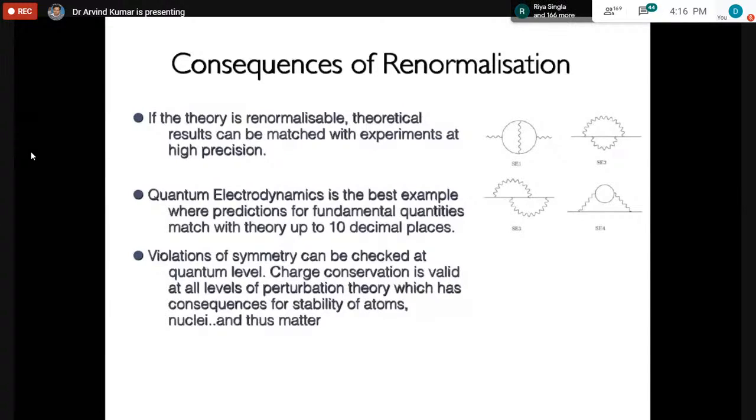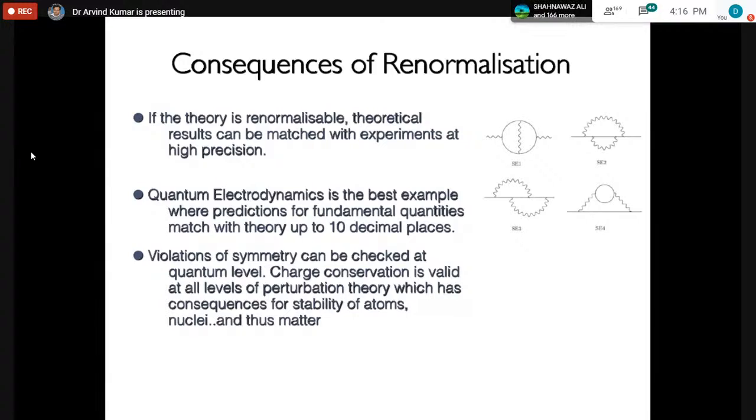And what are the other things? The basic idea is that if we compute these higher order corrections, will the theory still be conserving the electric charge, for example in QED? You can ask that question. Because if these infinities cannot be removed, you are still worried whether the theory will still conserve electric charge.